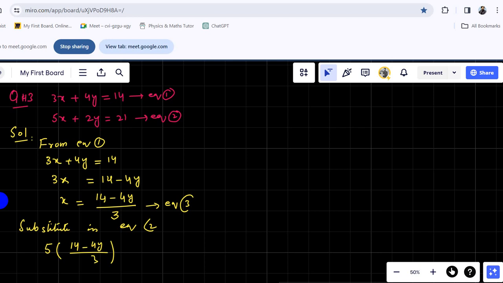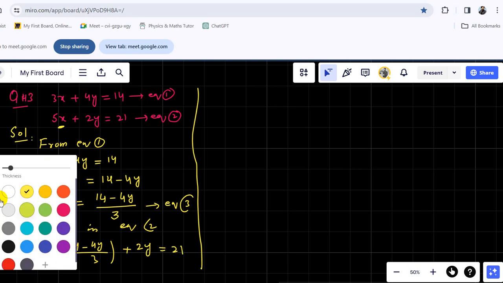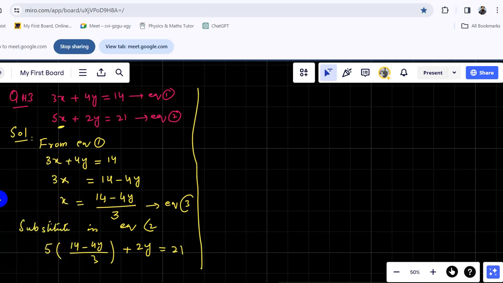Next, you just substituted this value here. Write the rest of the equation as it is. So plus, so now we just need to simplify this. So can I cancel this 5 with 3?